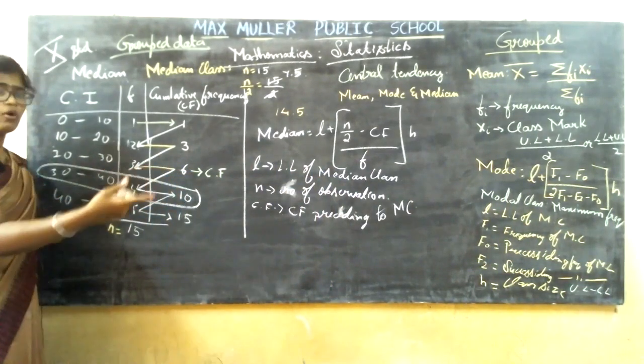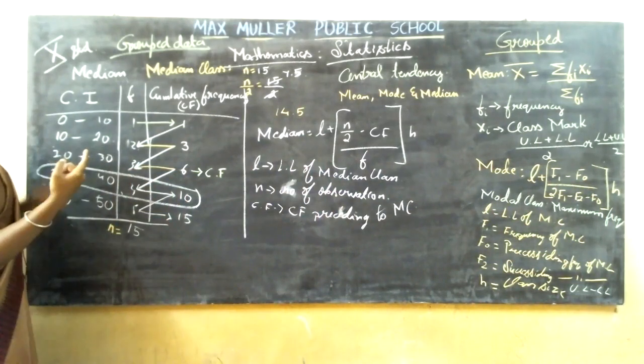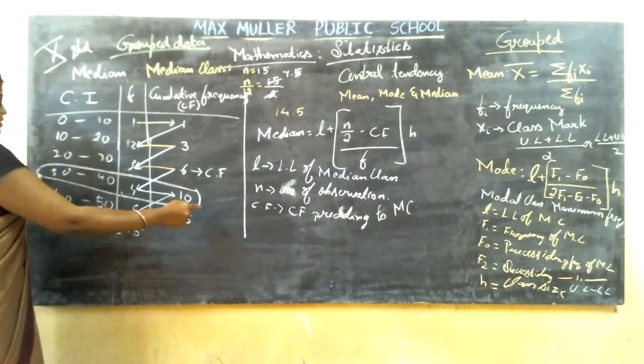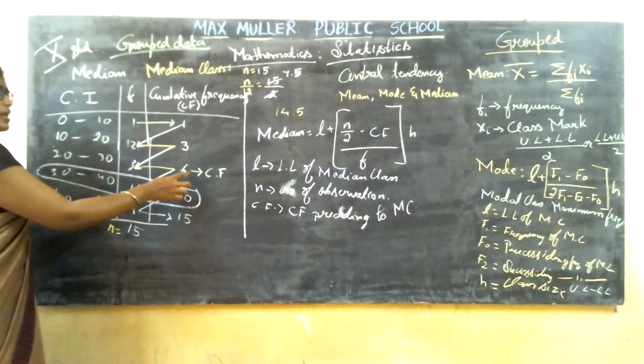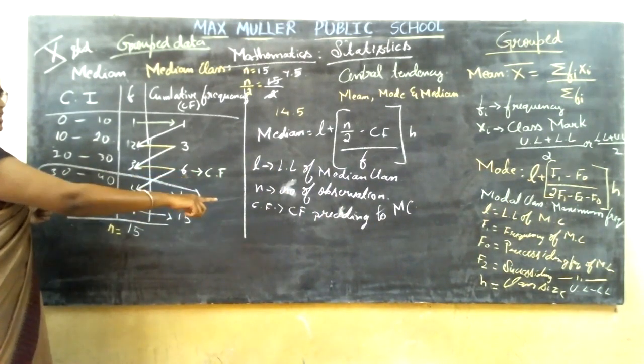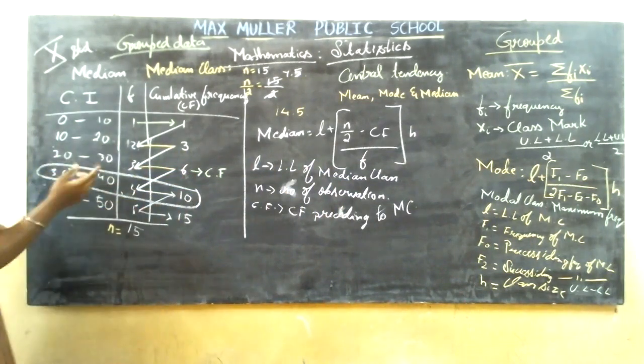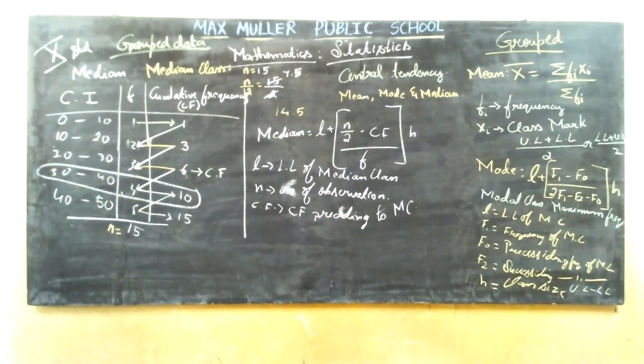For example, in the mode you would have taken F0, correct? You would have taken this as a modal class and chosen this as F0. Similarly here, F0 is taken as CF in the median class.